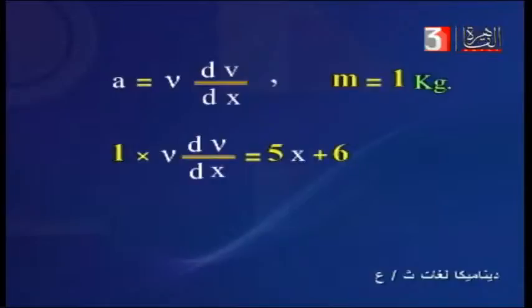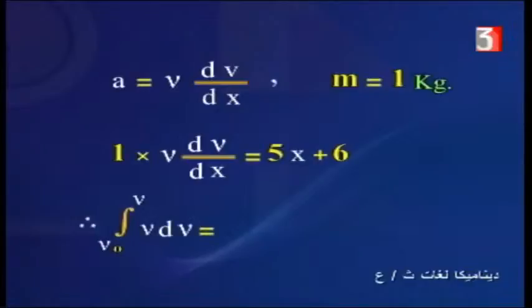Now, integration of v dv from v naught to v equals integration 5x plus 6 dx from 0 to 4. The integration of v dv equals half v power 2 from 0 to v.